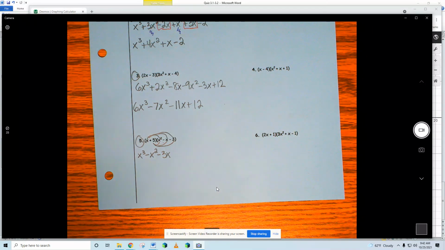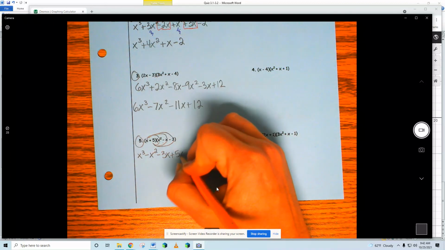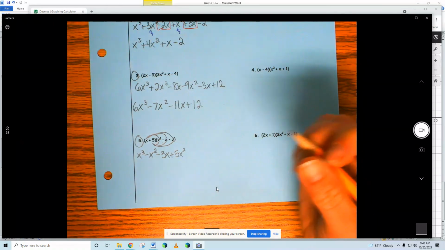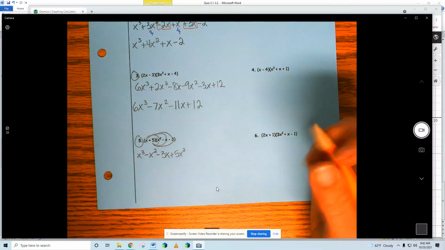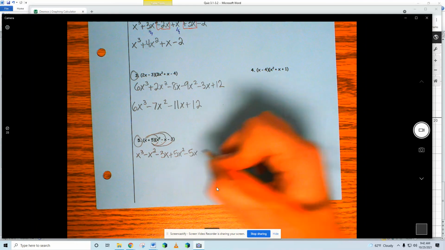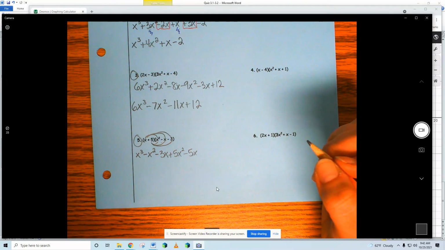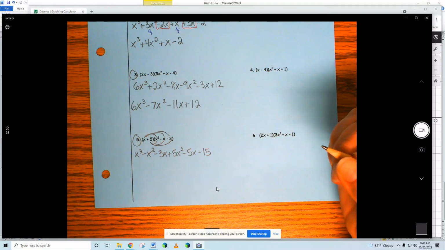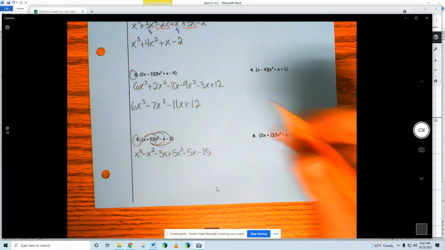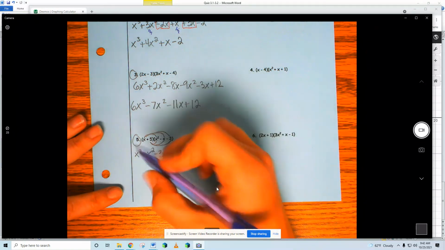Now I'm going to do the bottom curves. 5 times x squared. 5x squared. 5 times negative x. Negative 5x. 5 times negative 3. Negative 15.